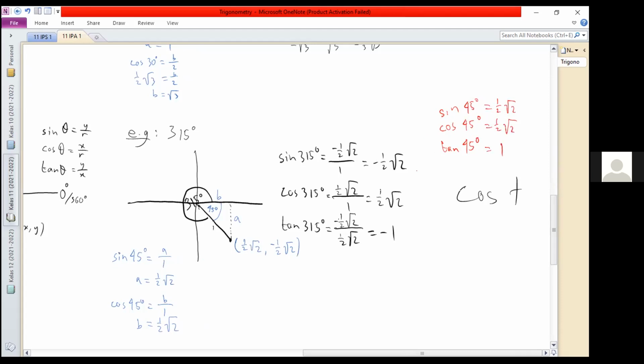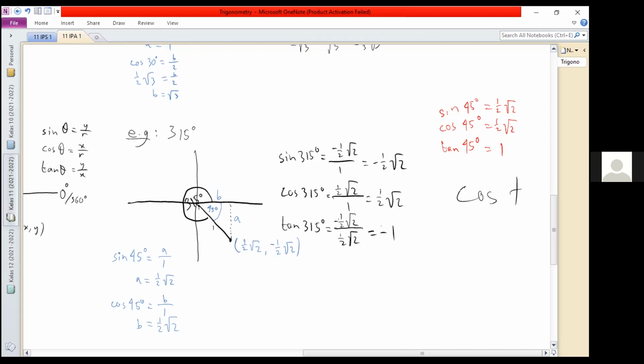As you can see, the values match. The only difference is the negative sign. The cosine is exactly the same, and the tangent also differs only in the sign, positive and negative.